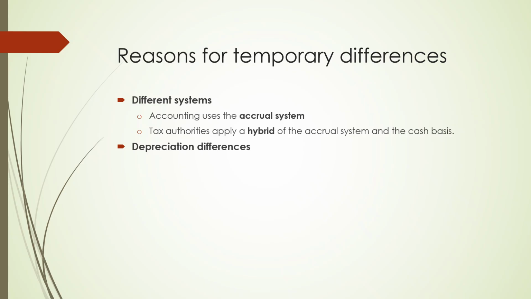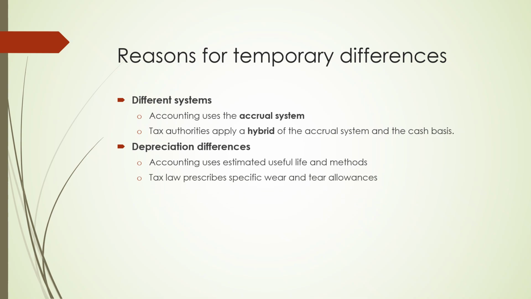Another reason for temporary differences is due to differences in depreciation. The accountant uses estimated useful life and methods to calculate depreciation, while the tax authorities prescribe specific wear and tear allowances.